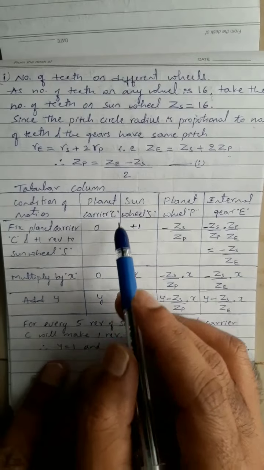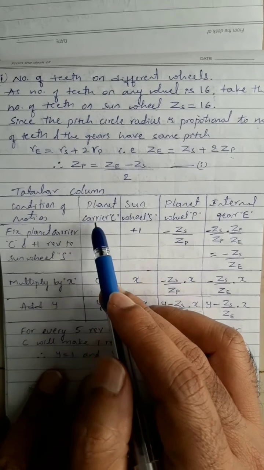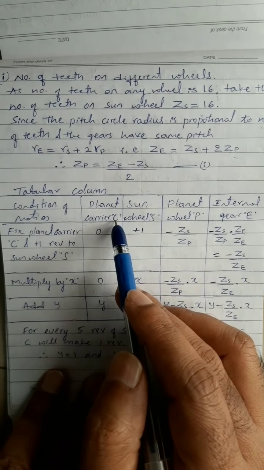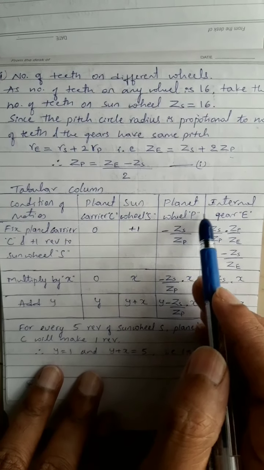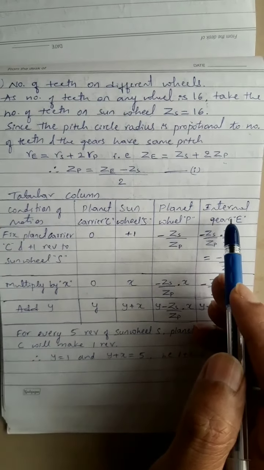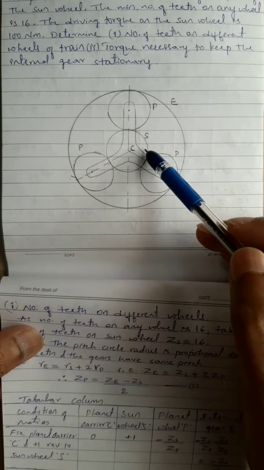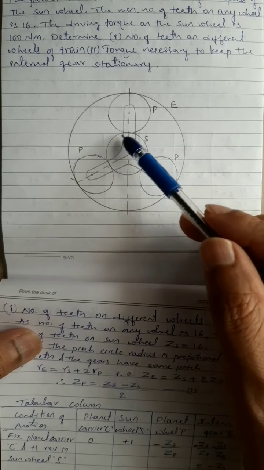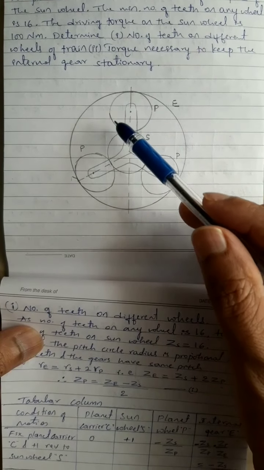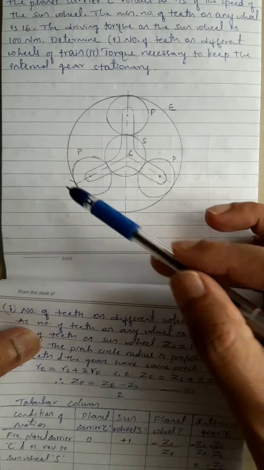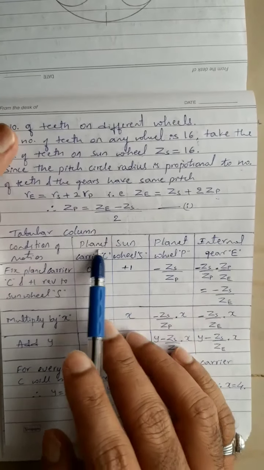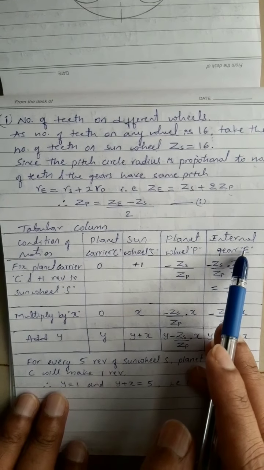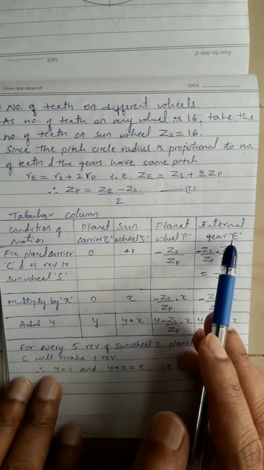Next, moving from the center, first we have planet carrier C, and next we have sun wheel S and planet wheel P, and next we have the internal gear E. So if you look into the figure, first we have planet carrier C, next sun wheel S, next planet wheel P, and next the internal gear E. So in this order only we write the tabular column, from the center to away from the center.